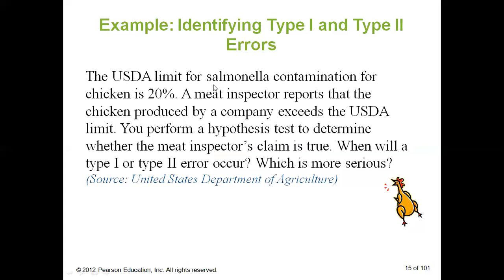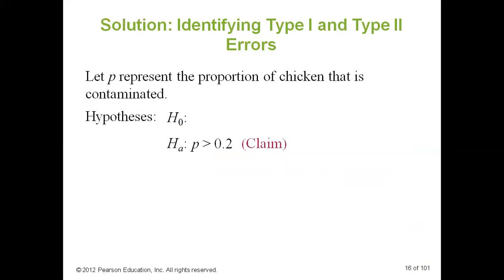So the USDA limit for salmonella contamination for chicken is less than or equal to 20%, which can be written as 0.20. So P less than or equal to 0.2 is written under the null hypothesis, and its complement, P greater than 0.2, is written under the alternative hypothesis.